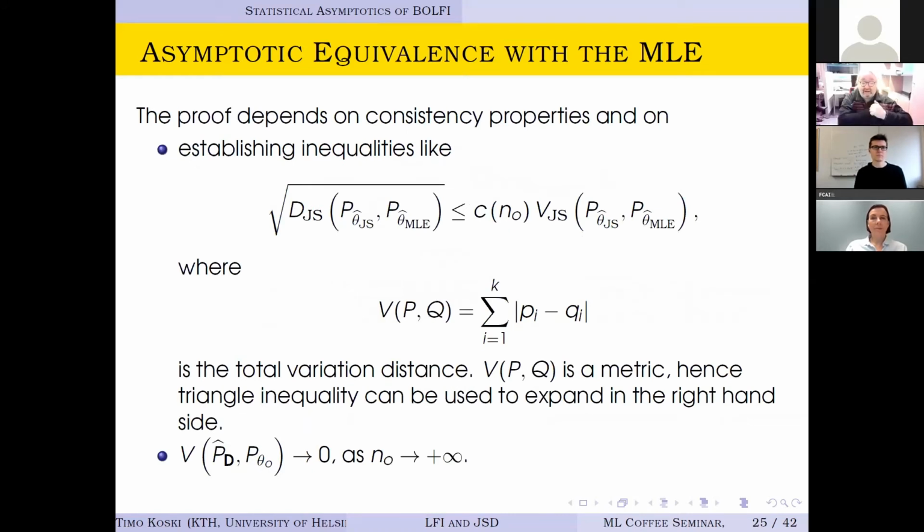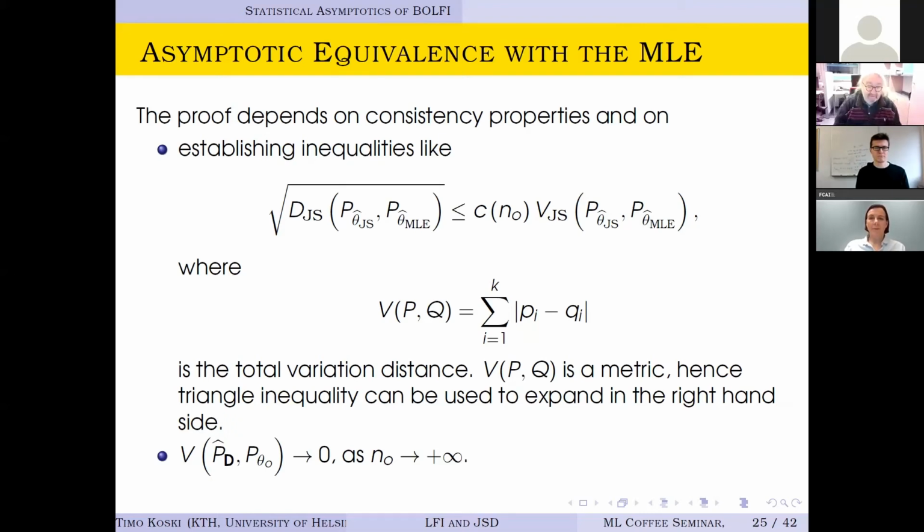Now, to prove this, I won't go through it. I won't have time, and I don't think that you would be that interested. But I need the consistency properties of the Jensen-Shannon estimate, and then I need to bound these Jensen-Shannon divergences by this total variation distance. And to do this bounding, I need all kinds of bounds from information theory, mainly the so-called reverse Pinsker inequality, and then a kind of symmetrization with the Jeffreys divergence.